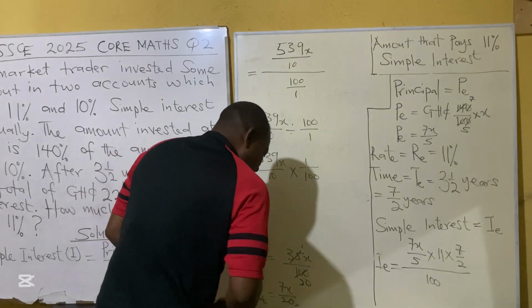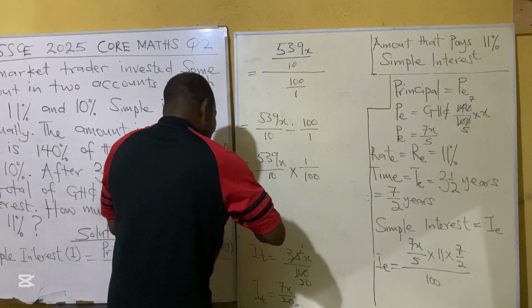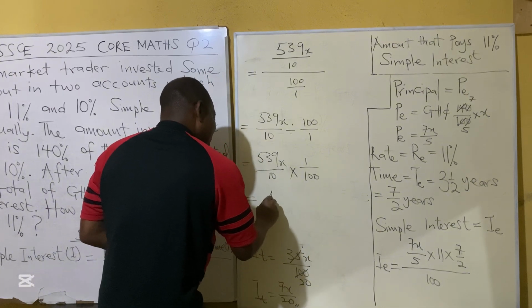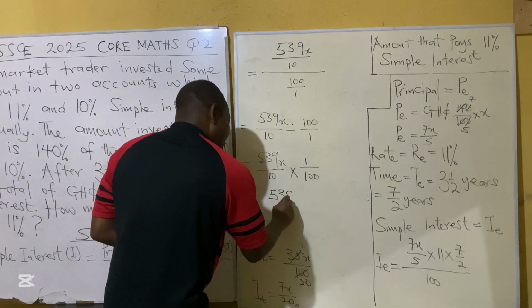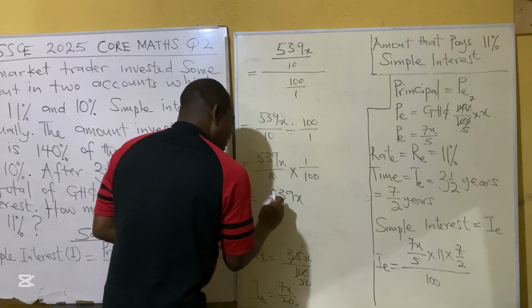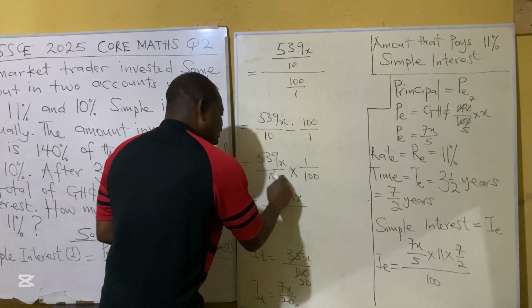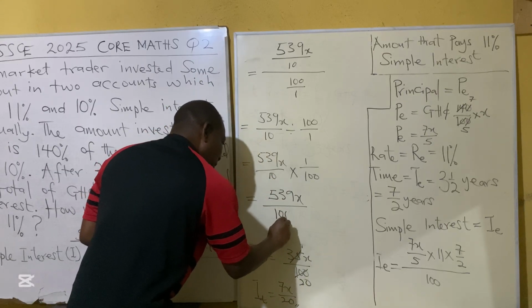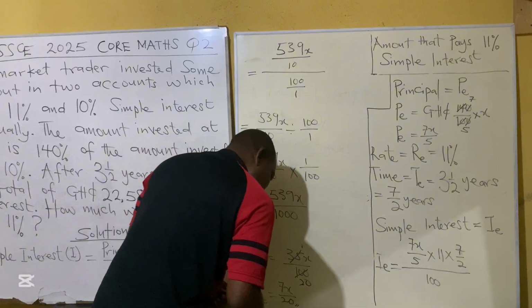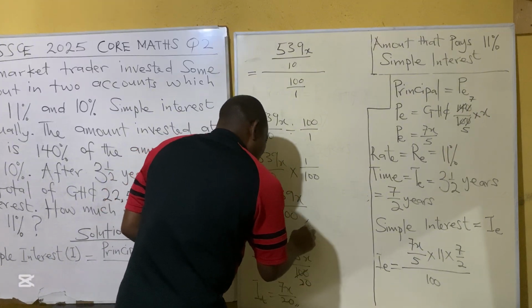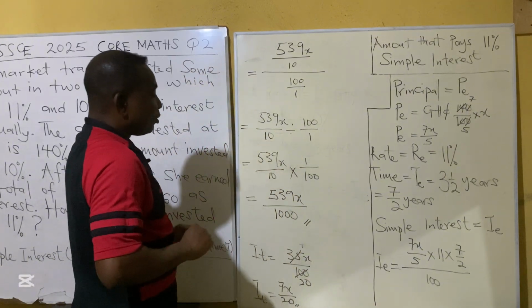We multiply the numerators, which gives us 539x, all over, multiply the denominators, 1000. So this is the simple interest.